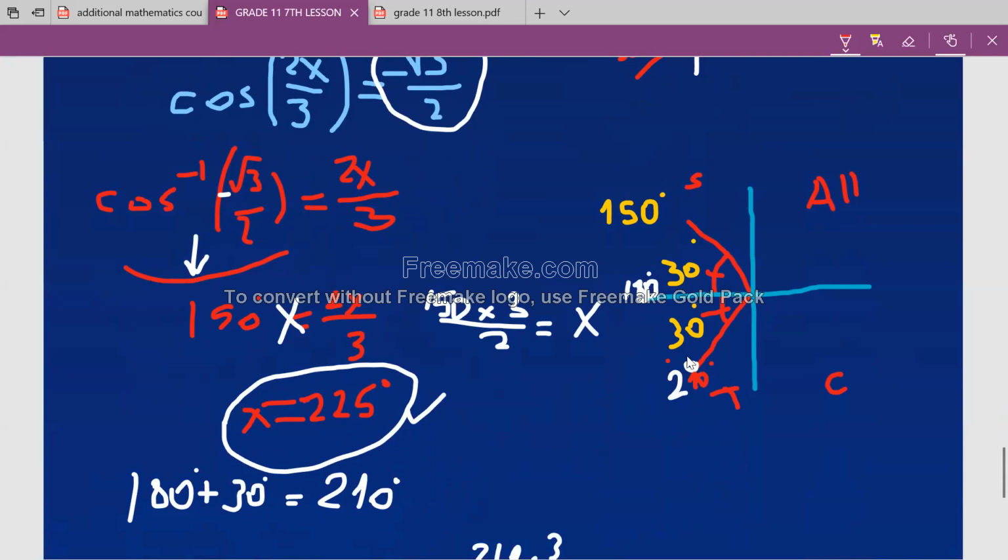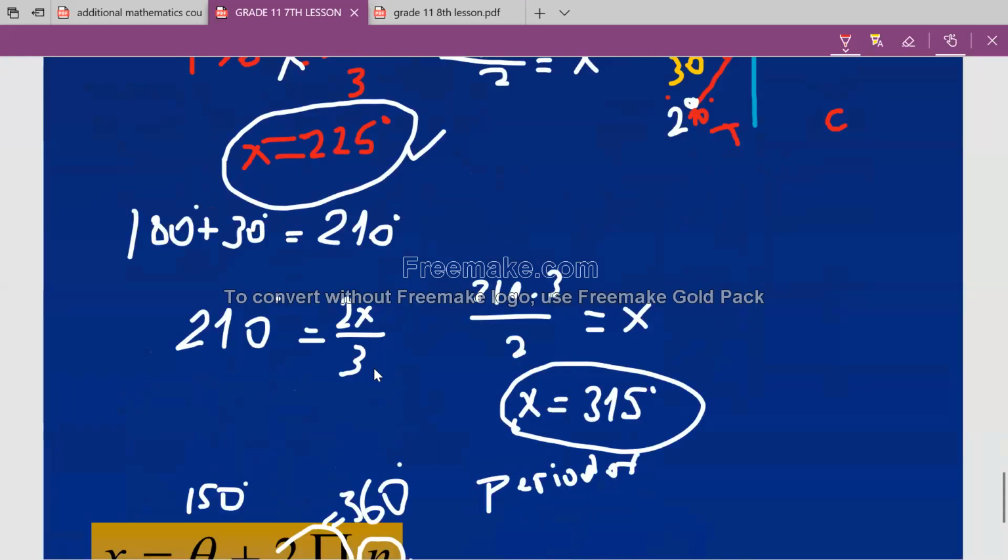But this is also not x, it equals 2x over 3. When you do cross multiplication, 210 times 3 divided by 2, x will be 315, isn't it? But teacher, why is 210 equal to 2x over 3?